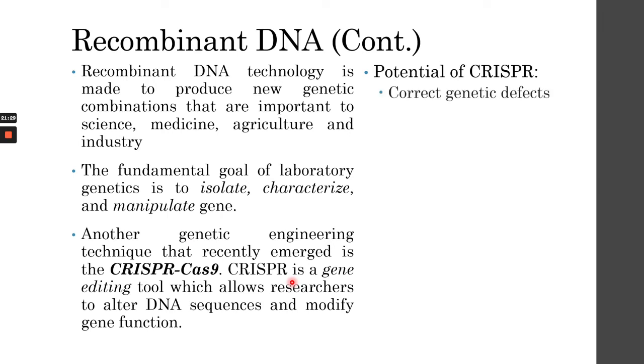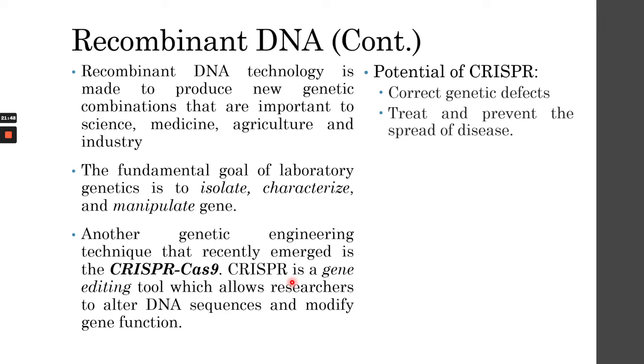So the potential of CRISPR, one, like discussed, is to correct genetic defects. We can now treat and prevent the spread of diseases. A lot of the diseases that we have are caused by issues with our DNA. That's why we do newborn screening.